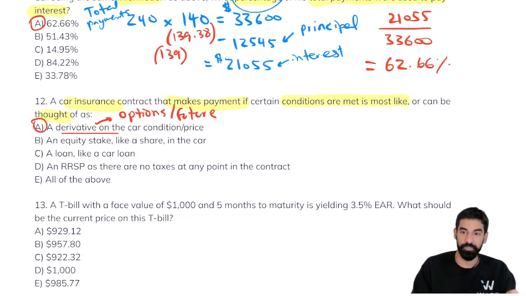So in this case, it's the same thing with the car insurance. You're basically able to sell your car. You're buying the put option to sell the car to the insurance company after 5 years, as long as it meets this certain condition. Instead of selling it at a certain price of $100, you're saying that I'm going to sell it at a certain condition. And actually, you're deciding the price too.